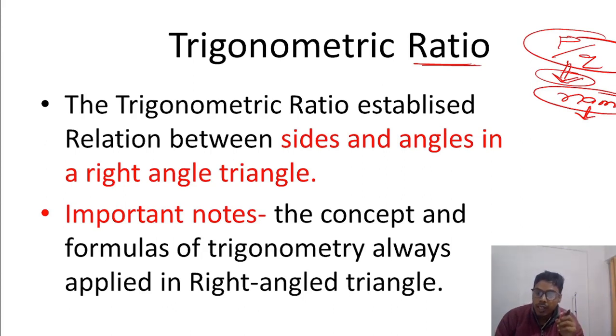If there is no right angle triangle, we have to convert it into a right angle triangle by bisecting or trisecting. Then we apply the trigonometric concept. So now, what is the trigonometric ratio?